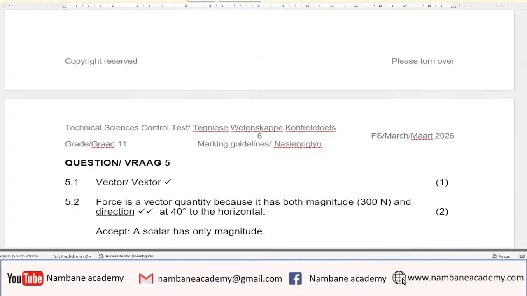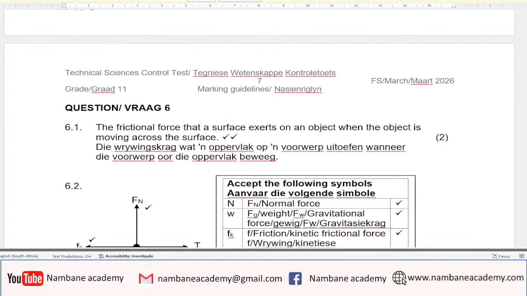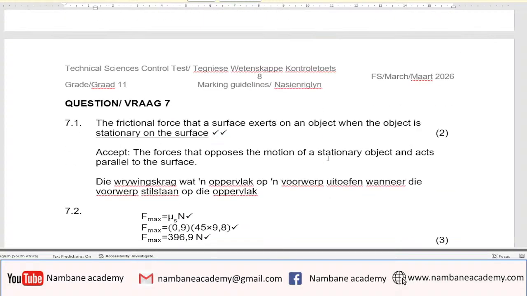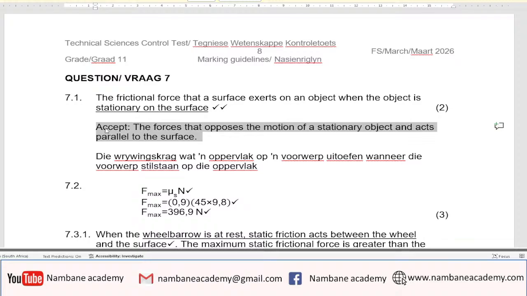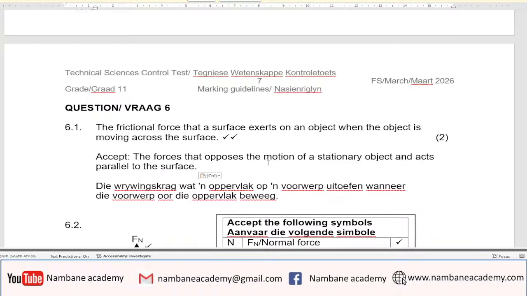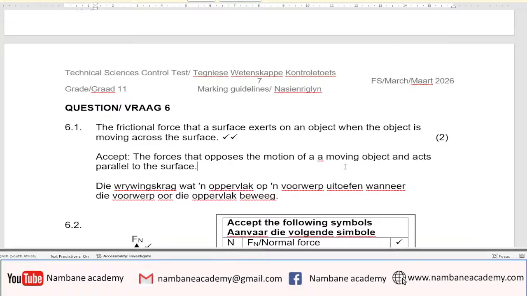That opposes the motion of a moving object. Okay. Yes, meneer. Remove 1A, yes.